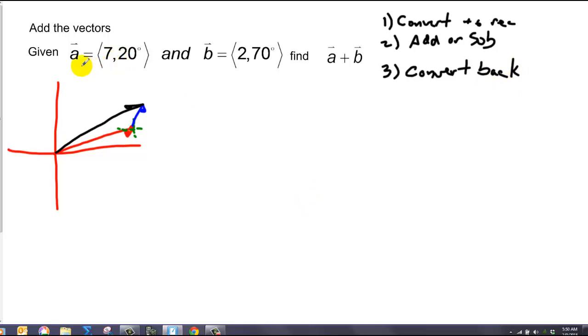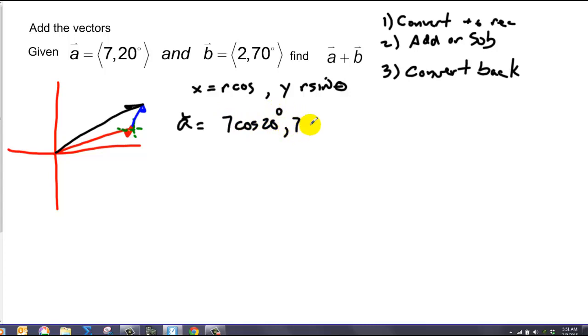So let's go ahead and do that. We talked the other day about going from polar form to rectangular form and back, and we found out that x was equal to r cosine theta and y was equal to r sine theta. So I'm going to do that for both of these coordinates. So a in rectangular form is going to be 7 cosine 20 degrees and 7 sine 20 degrees.